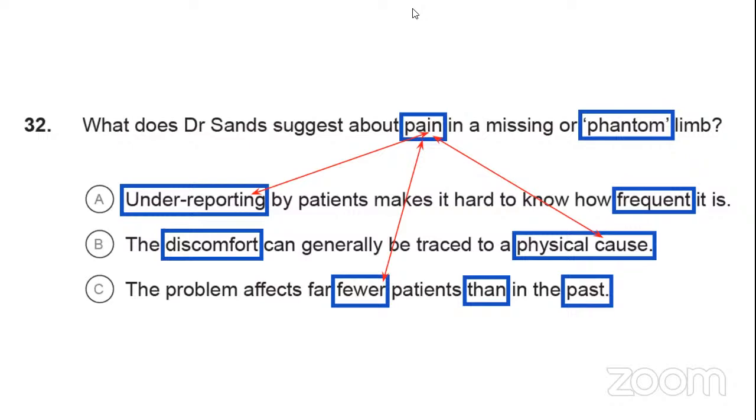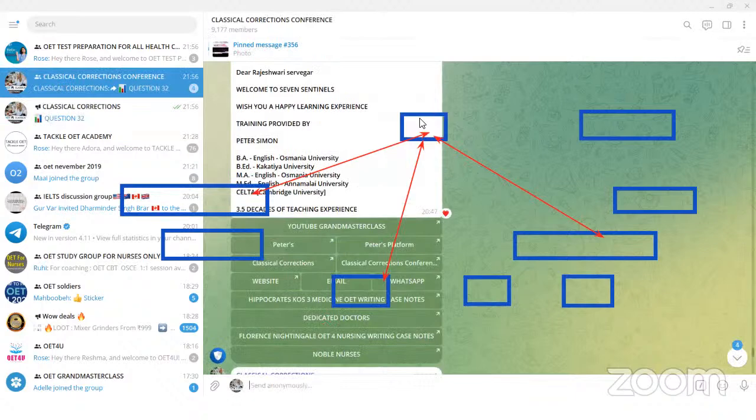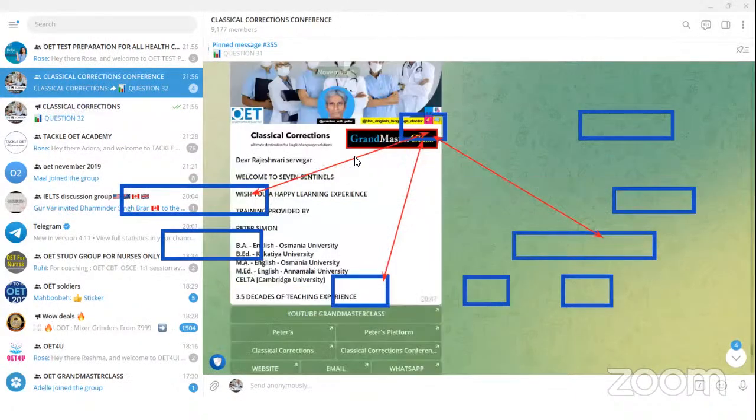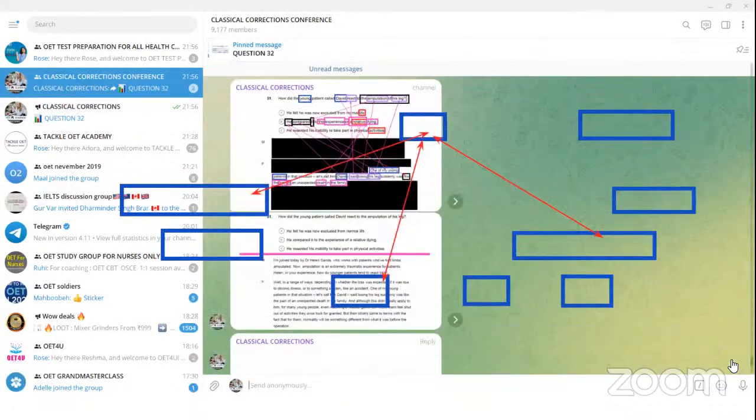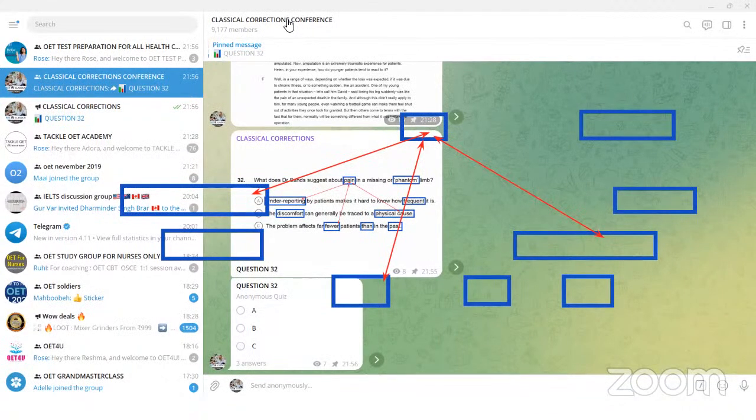So you can click copy post link, resume share, copy post link, and here is the way how you can find out the answer. Rajeshwari Sarvega joined today Telegram channel. Yeah, and this is copy message link. Anywhere you can go and apply the answer, and you'll know whether the answer is right or wrong.